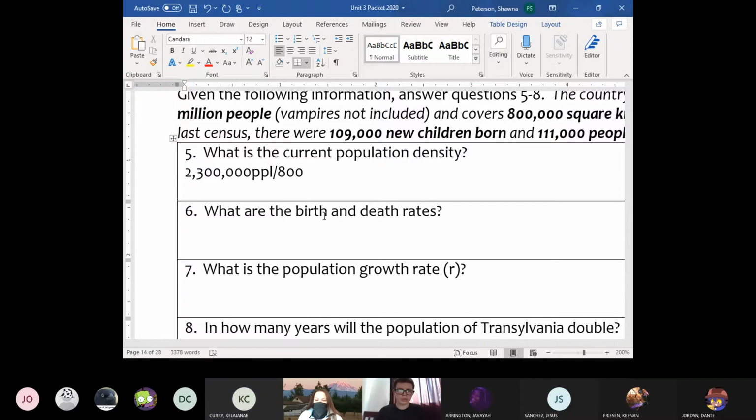Let's see. What does that give us? Good, 2.875 people per kilometer. And it actually should be squared. I guess I can put it in there.